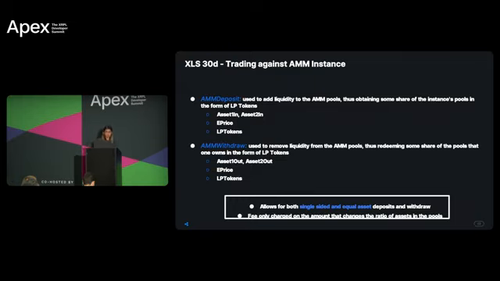Some of the fields that one can specify for this transaction are the two assets. Since we allow for both single-sided and double-sided liquidity provision, one can either specify one asset or both assets. E-price, that's the effective price. So spot price gives you the price for an infinitely small trade, but the effective price, which is the ratio of the tokens out to tokens in, gives you the actual price of a specific trade, right?